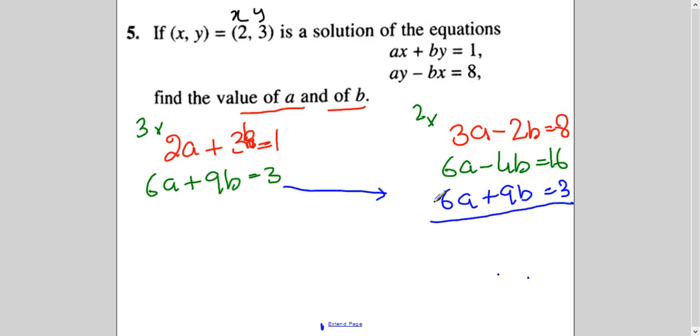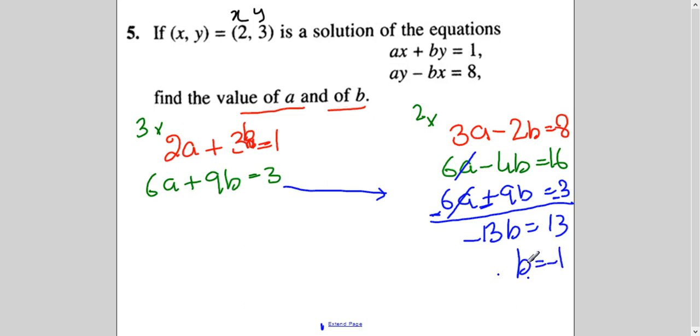The sign is the same, so I will subtract the equations. When we subtract the equations, what happens? The sign changes of the equation, right? So this will cancel out and this will become what? Minus 13b, and 16 minus 3 is 13. So your b is minus 1.